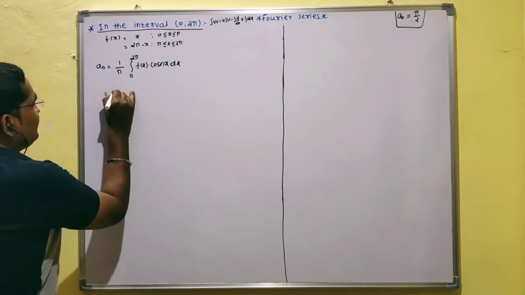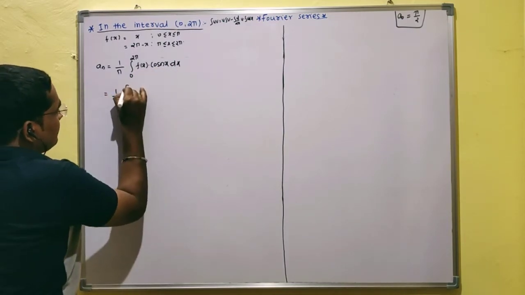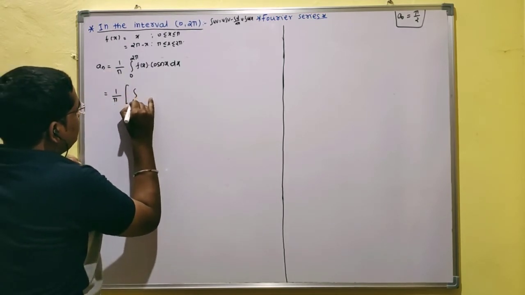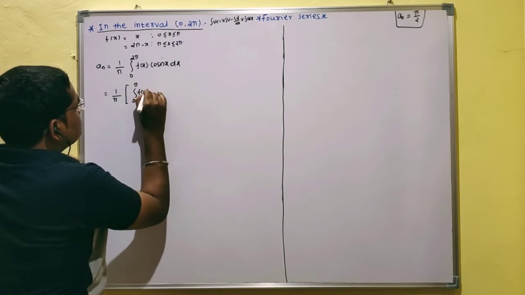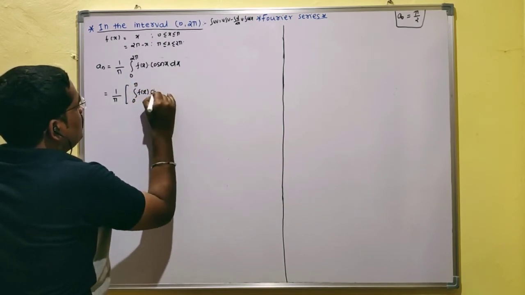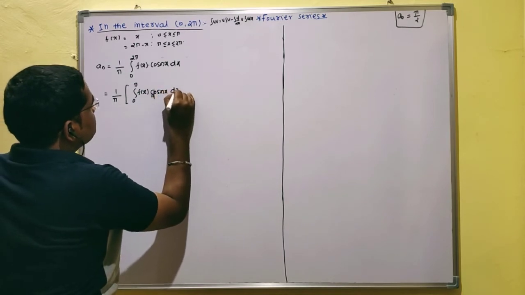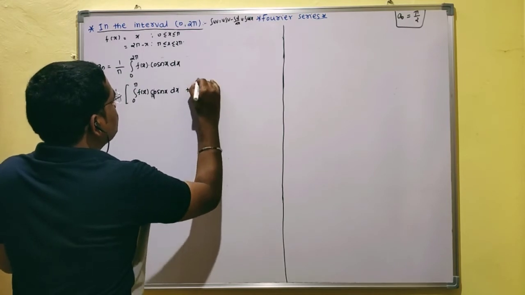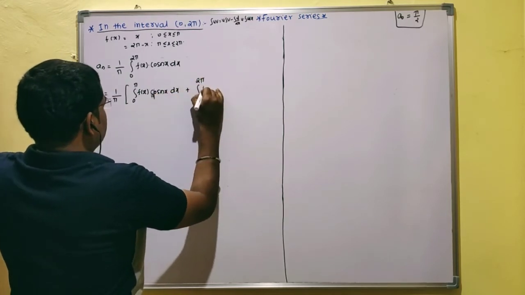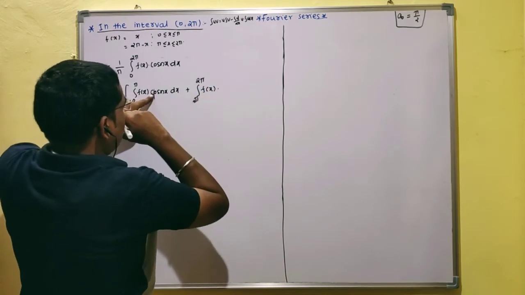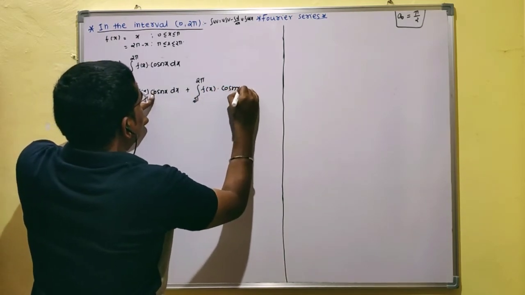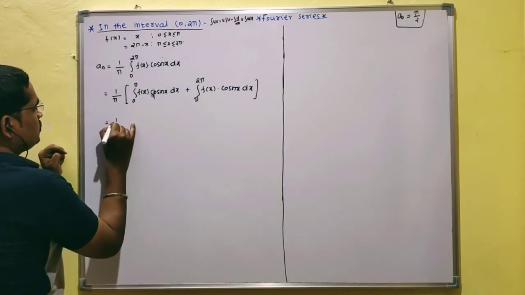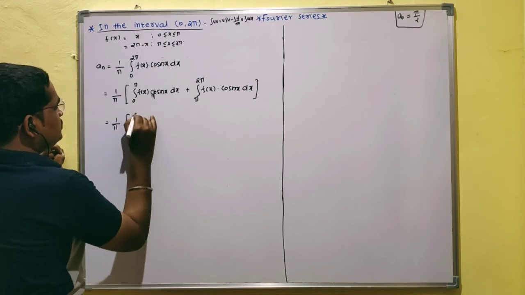Now we have to solve it here: integration 0 to pi f of x into cos nx into dx plus integration pi to 2 pi f of x into cos nx into dx, okay. This is our range, which is equal to 1 upon pi this integration 0 to pi.